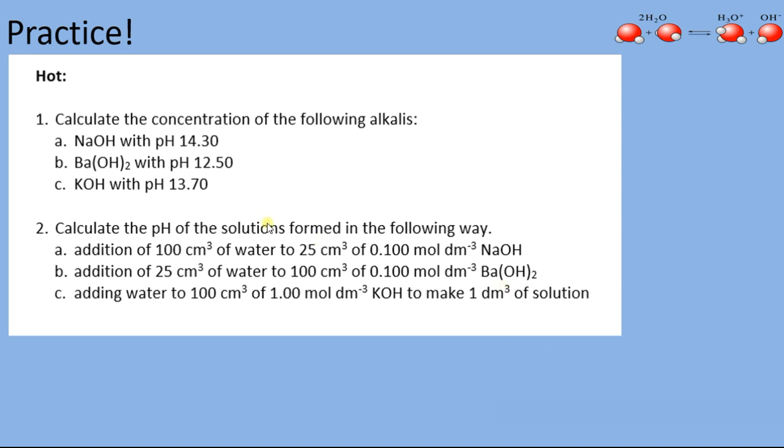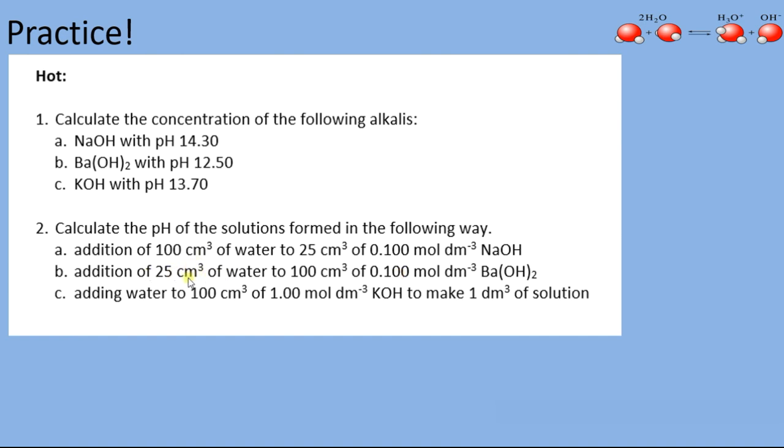Try these as well. Really harder questions, right? By addition of water to 100 centimeters. So these are all involving dilution. Calculate the pH. So you're going to first work out the final concentration after the dilution. So you're starting off with 25 centimeter cube, adding water to 100. So initial volume, final volume, initial concentration.